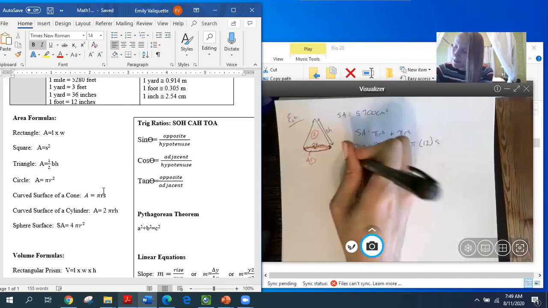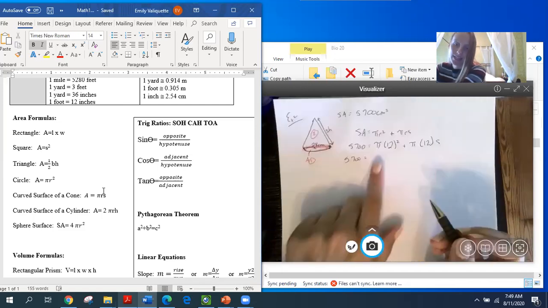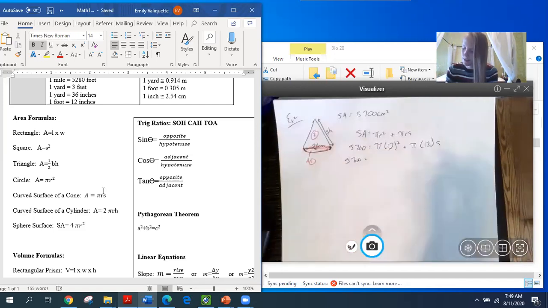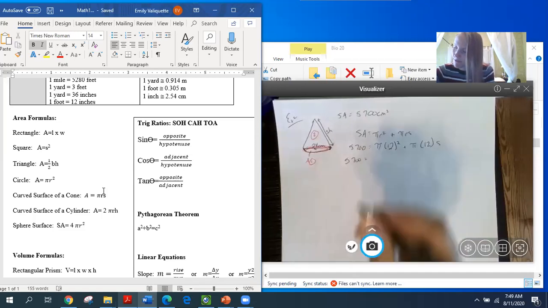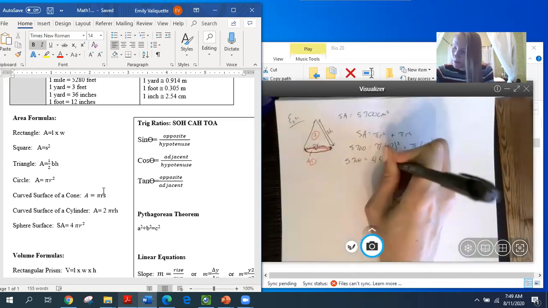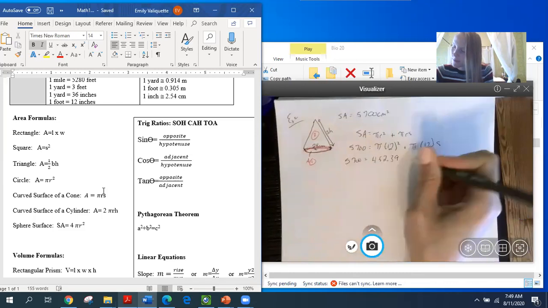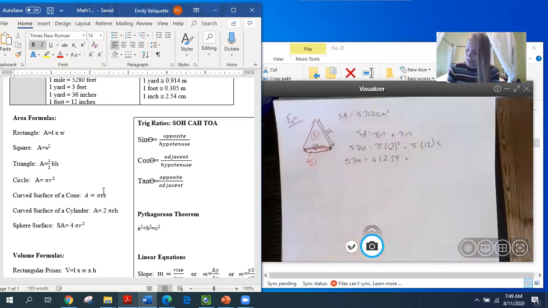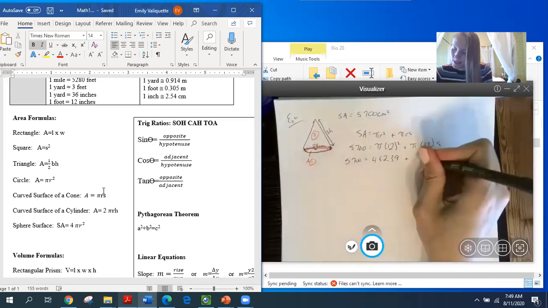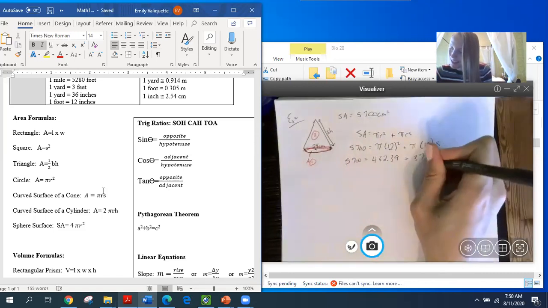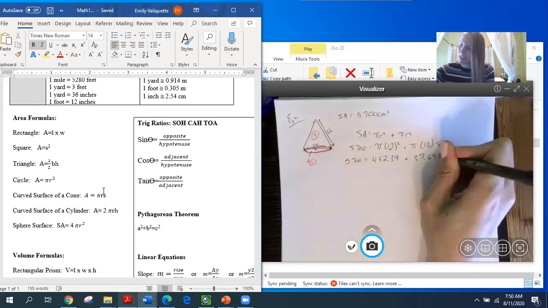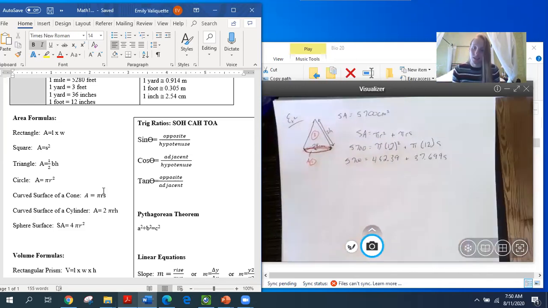So my first thing I'm going to do is just figure out what pi times 12 squared is. So 12 squared is 144, and then I will multiply it by pi to get 452.39. And then 12 times pi is 37.699. And my S is still there. Nothing I can do about that.